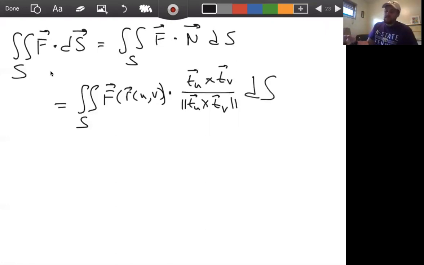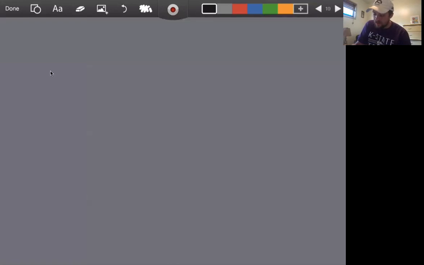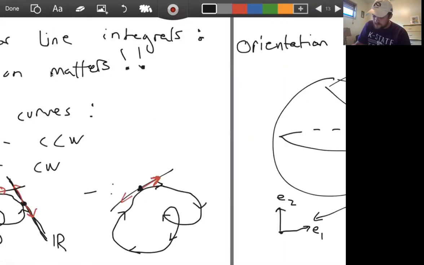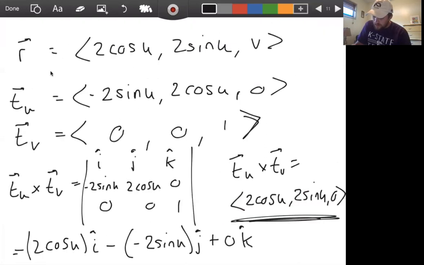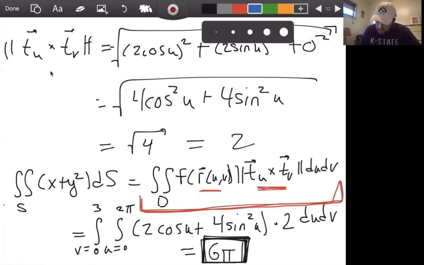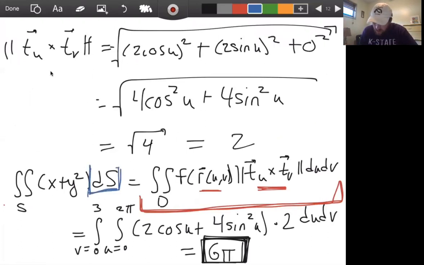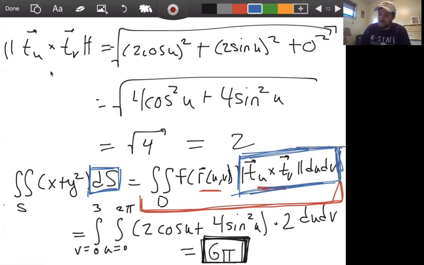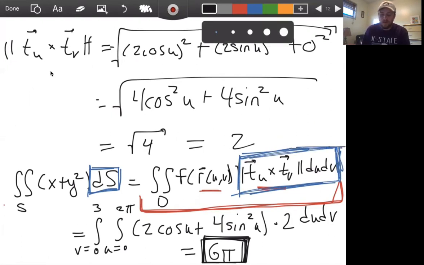And now, if you recall, when we learned about scalar surface integrals, look at this formula here. We have that dS is equal to the magnitude of Tu cross Tv du dv.